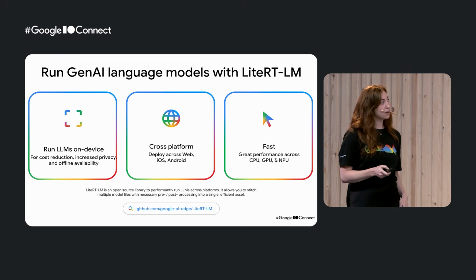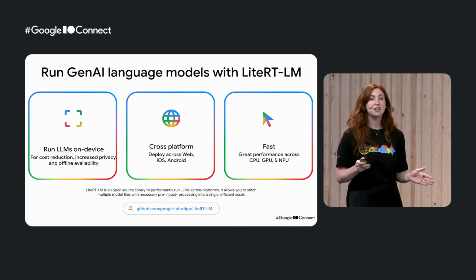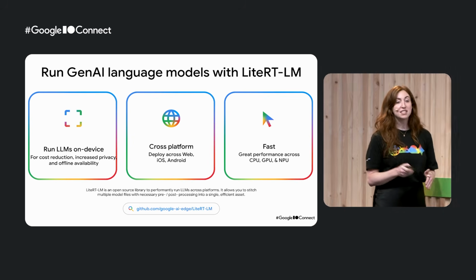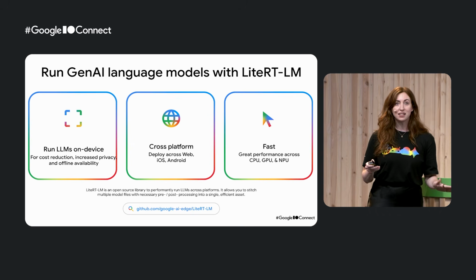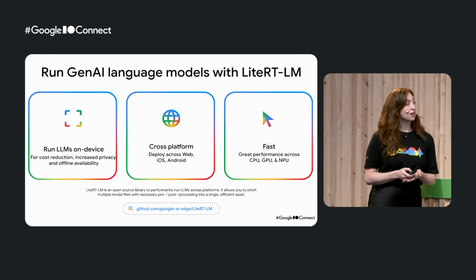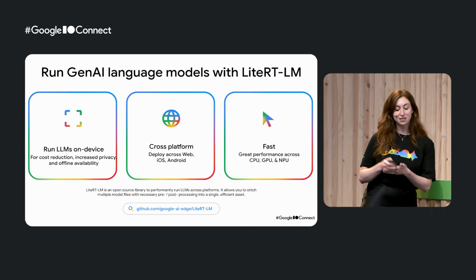So since we're talking about generative AI in this talk, let's dive a little deeper into the LiteRT-LM APIs. Like we mentioned earlier, it's a framework that allows you to efficiently build and deploy pipelines for LLMs across a whole wide variety of hardware, from high-performance desktops to Raspberry Pi or small IoT devices.